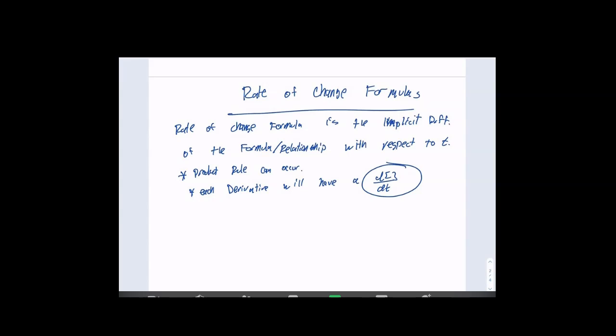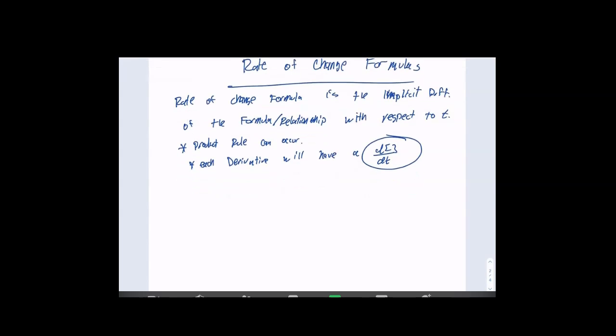Whatever your variable is, and you differentiate it, you have a d dt. You don't need to memorize these. You should be able to differentiate. They're not meant to be memorized because they should be rather straightforward, comfortable differentiations.